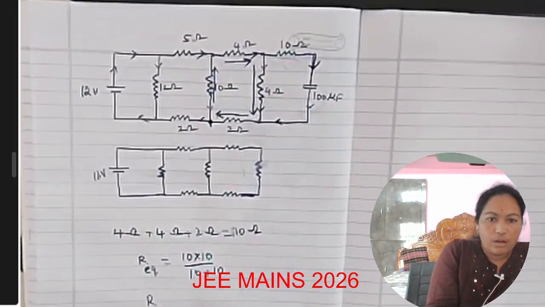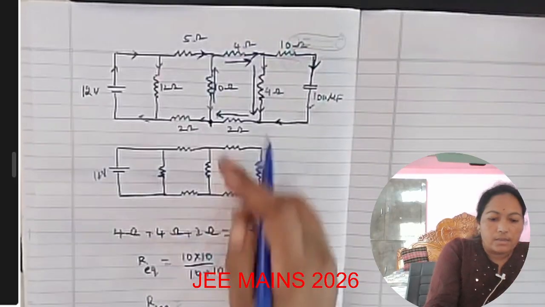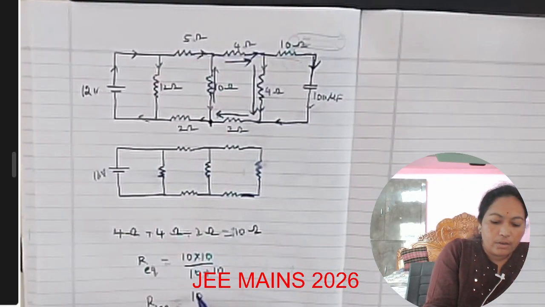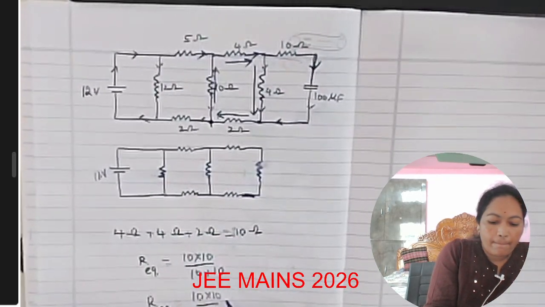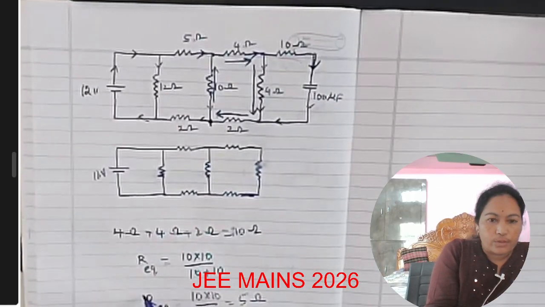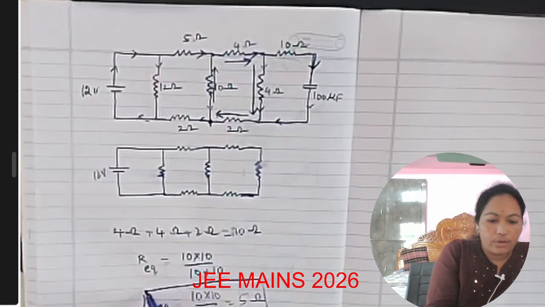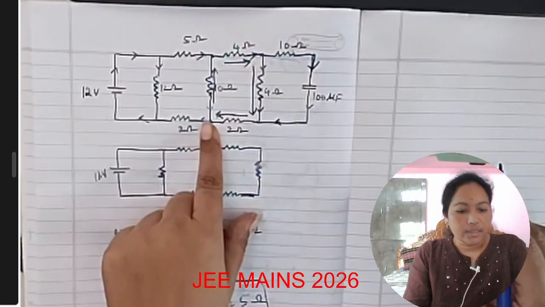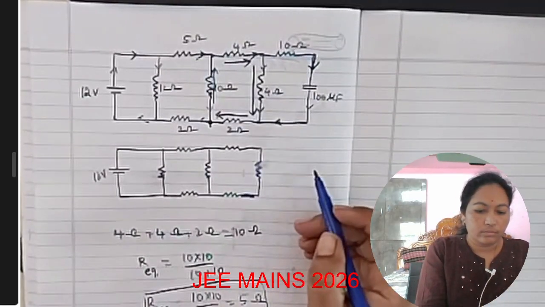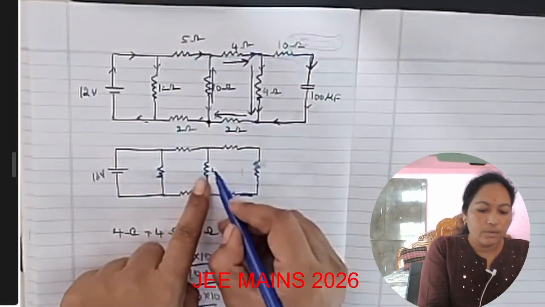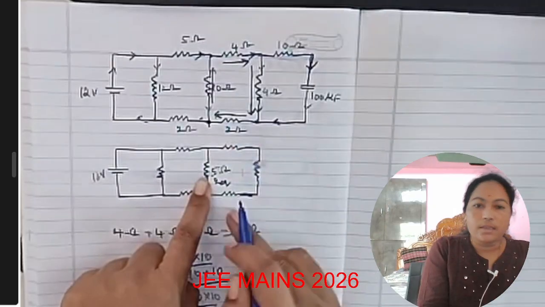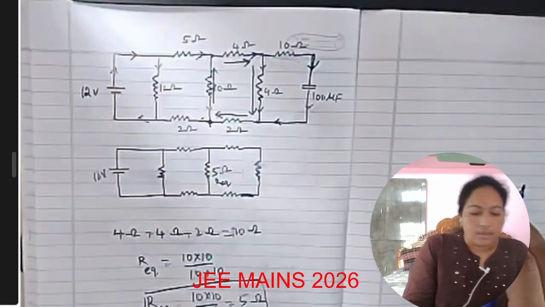This equals the equivalent resistance of this loop, which will be 5 ohms. The equivalent resistance of these four resistors is 5 ohms.